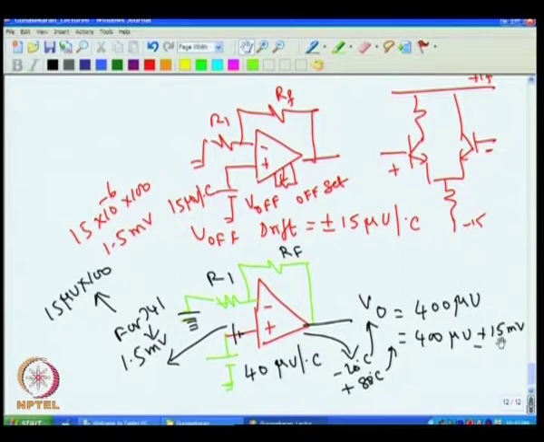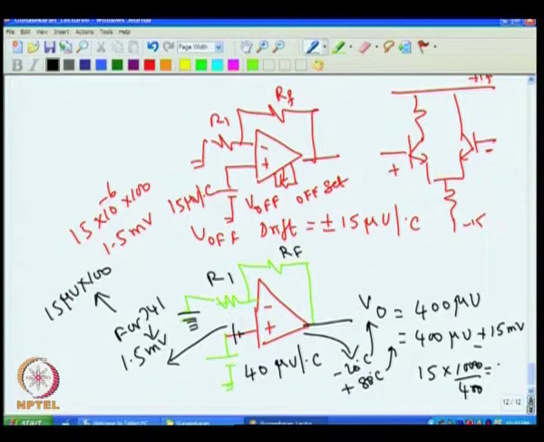Now if you get, for example, 15 millivolt, then in terms of temperature, 15 millivolt corresponds to 15 into 1000 microvolt divided by 400. I am converting 15 millivolt into microvolt by multiplying by 1000, and because 400 microvolt is 1 degree, I divide by 400.